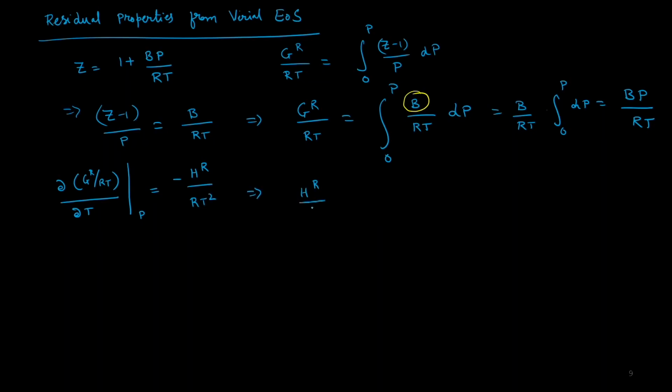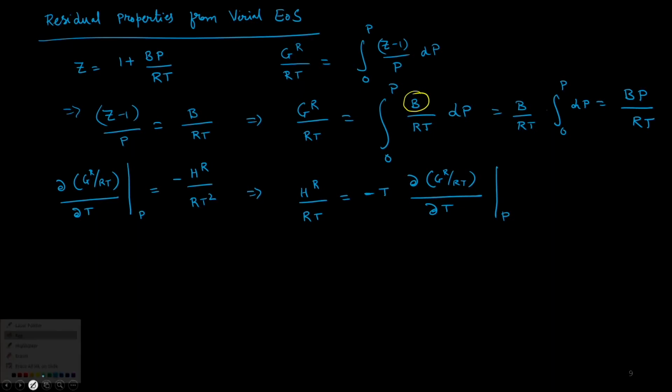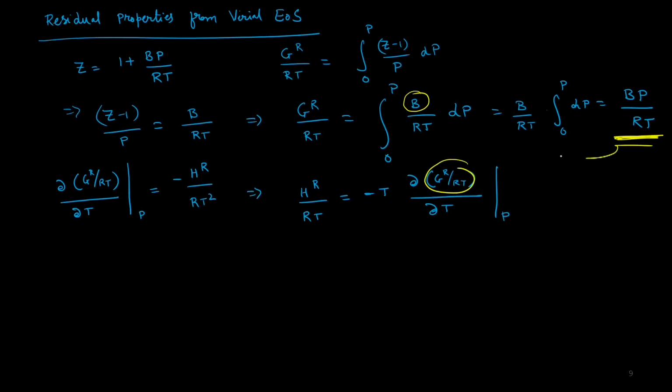Then HR over RT is negative T times the derivative of GR over RT with respect to temperature at constant pressure. Now the pressure is constant, so let us use this expression for GR over RT right here and put it here and try to take the derivative.